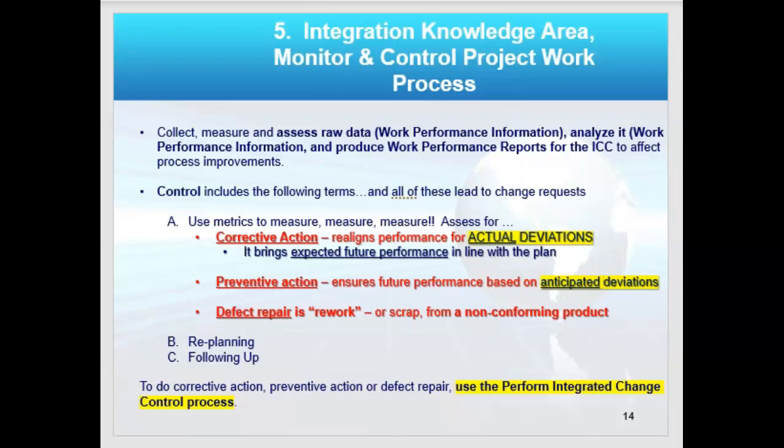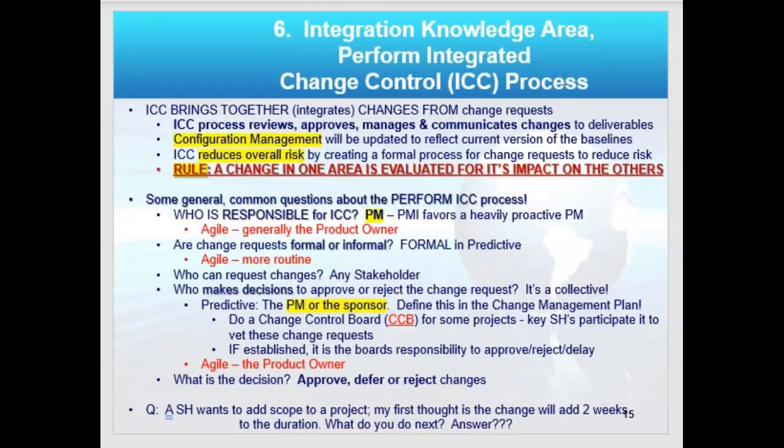To make any changes based on corrective action, preventive action, or defect repair, bam, you must go to integrated change control, which is the next process. Perform integrated change control. In integrated change control, I will be concerned with configuration management. In project management, configuration management largely means what version of the project management plan am I currently working on?